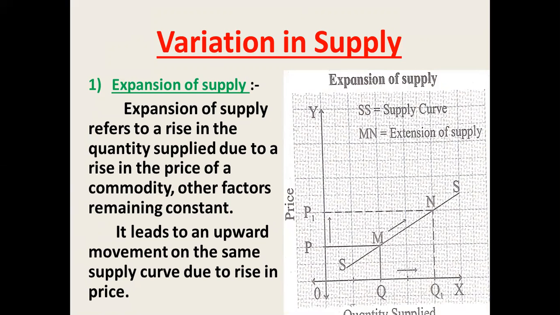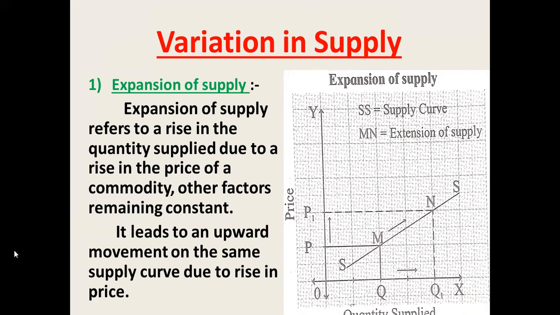But what is the condition on the other factors? They remain constant. So expansion of supply leads to an upward movement along the same supply curve due to a rise in price.